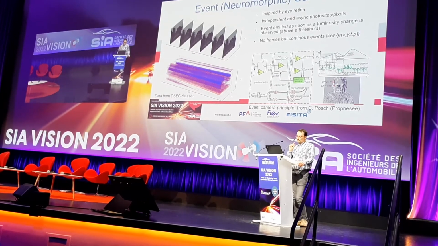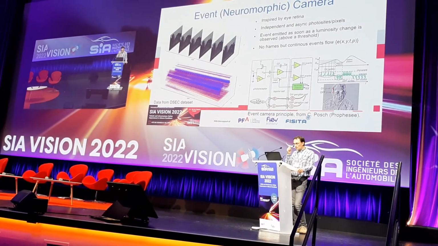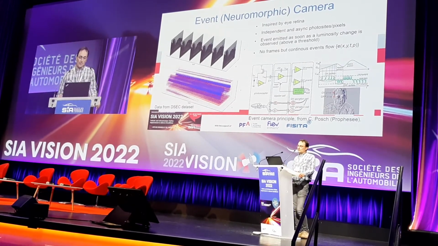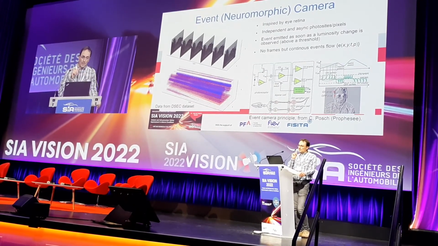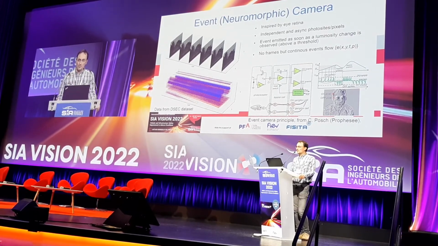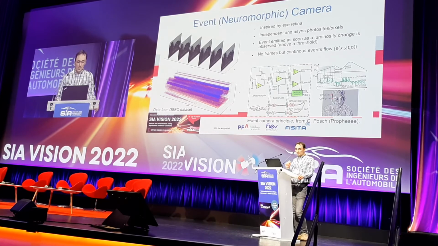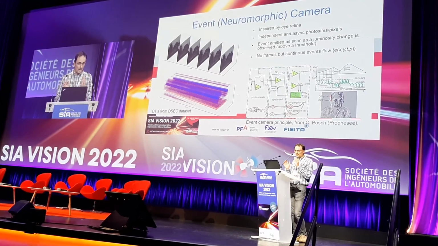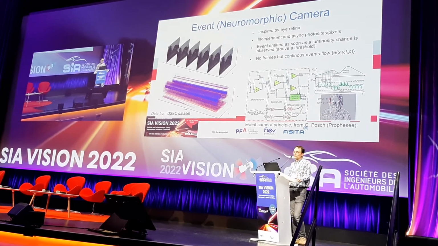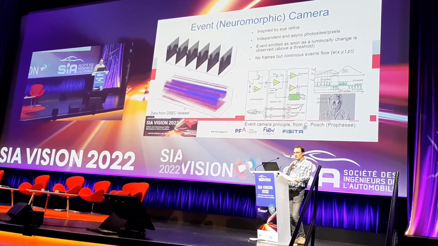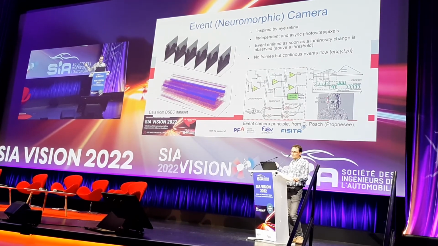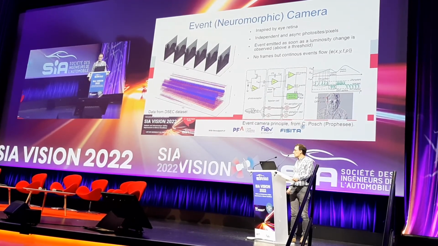The idea is to imitate the cells of the retina, which send impulses when they detect a light change, that can be positive or negative. Here the pixels are independent and asynchronous, and they emit a pulse for every change they detect, in a continuous flow of change. So you have the X, Y position, as well as the time. The time will be very important for the event camera.